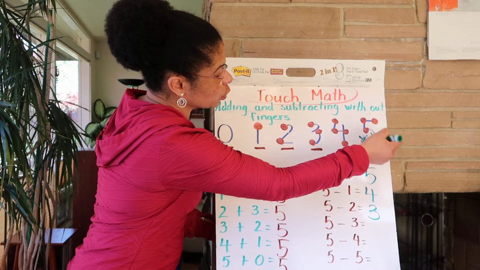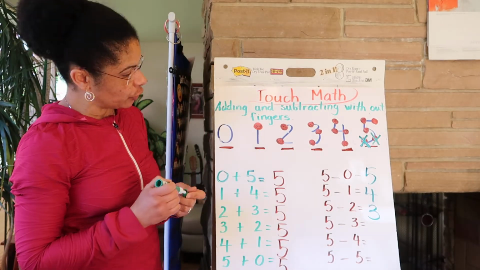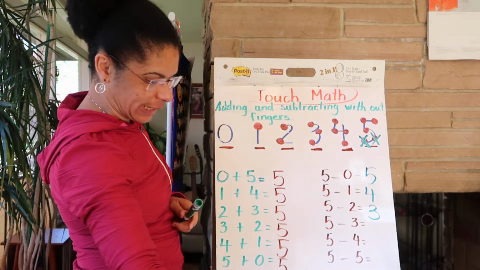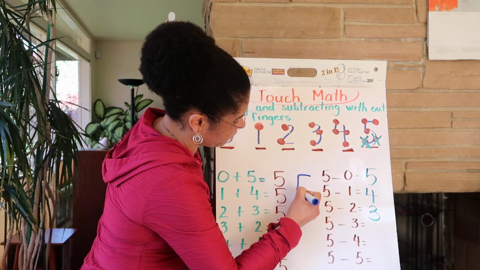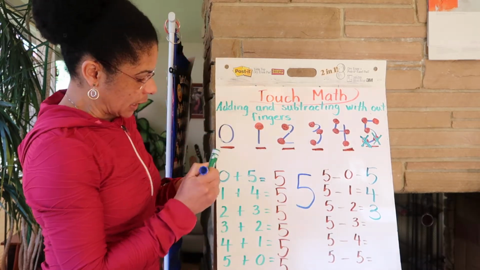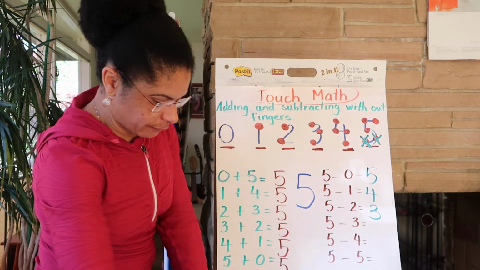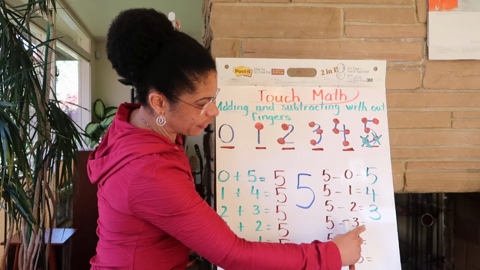And if you do not want to use the same number that you have right there, you could always write your number again. I'm going to put a 5 right here. I don't have much space, but you could see it right there. And I'm going to add 5 dots. The next one says 5 subtract 3.